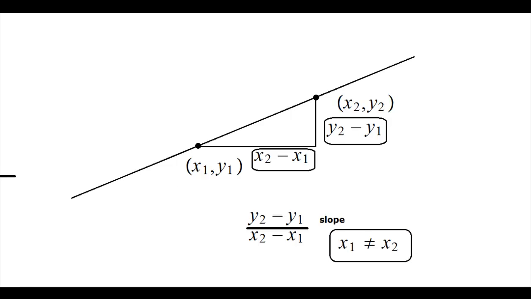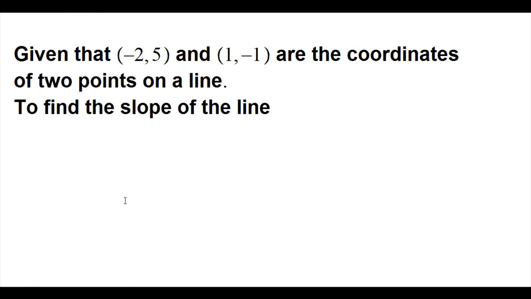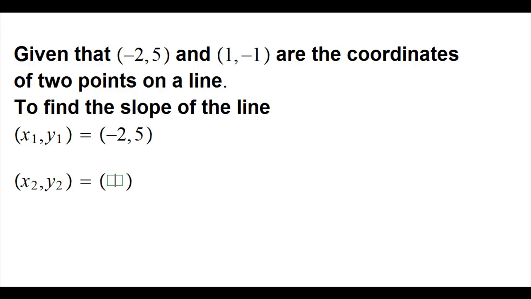Let me show you a numerical example again. I've shown you illustrations, so just to confirm everything, let's look at a numerical example. Say we have a line on which we are given coordinates of 2 points and we have to find the slope. Let's take this point negative 2, 5 as x1, y1 and 1, negative 1 as x2, y2.